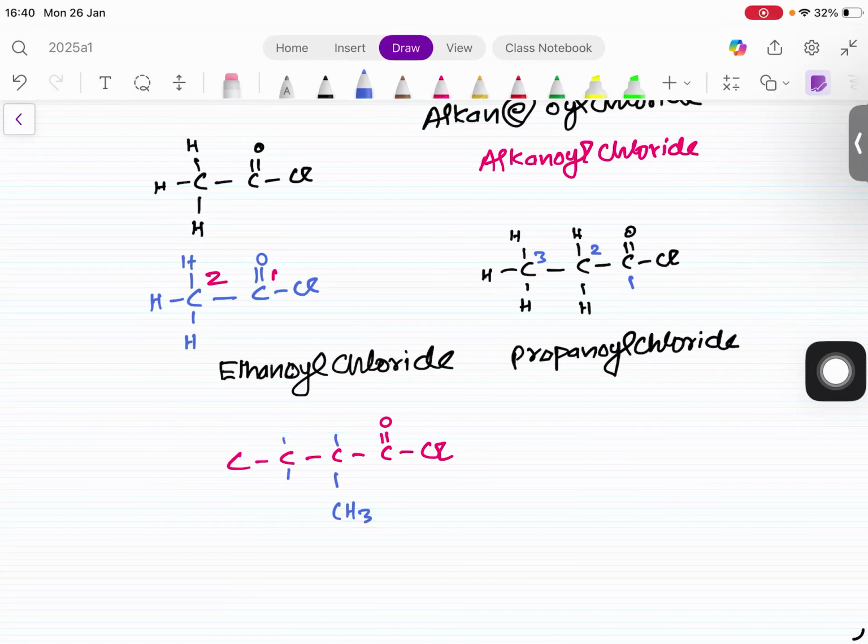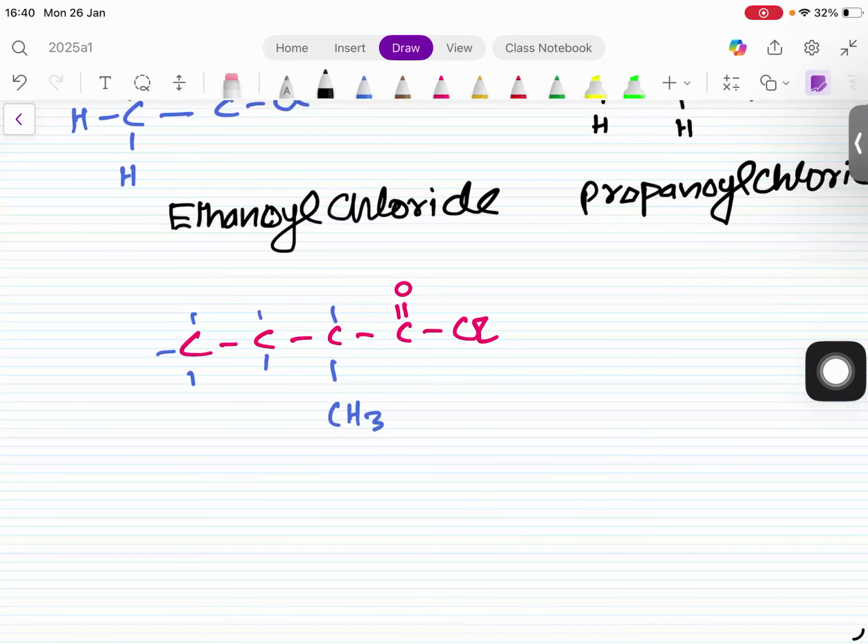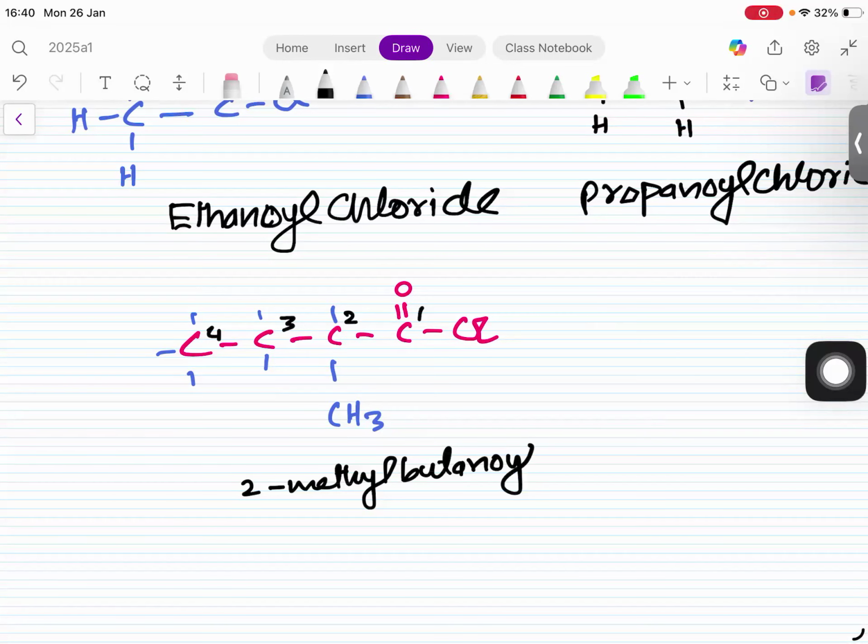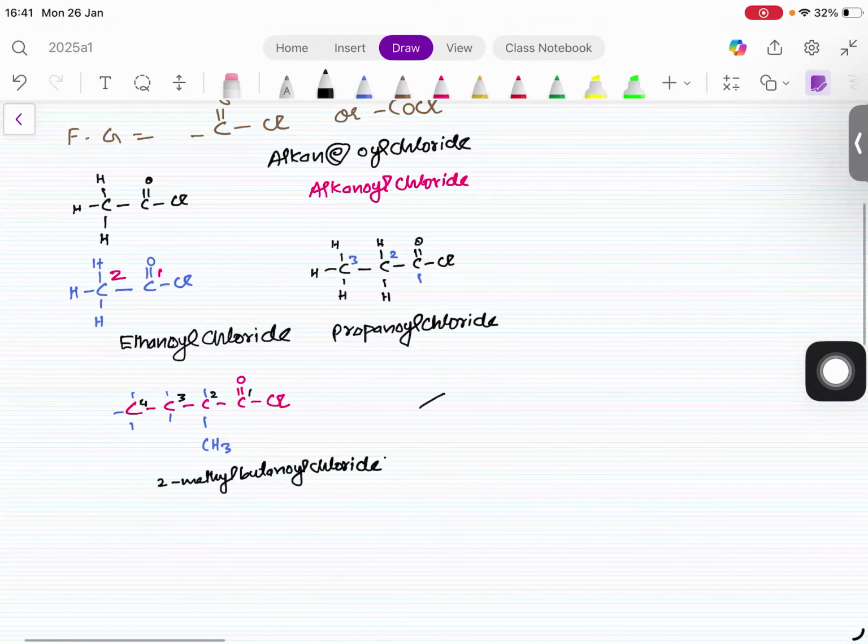Similarly, 1, 2, 3, 4. What is this? It's not just butanoyl chloride. There is a branch as well: 2-methylbutanoyl chloride. At times they give you the skeletal one, you don't write C. Here it is.